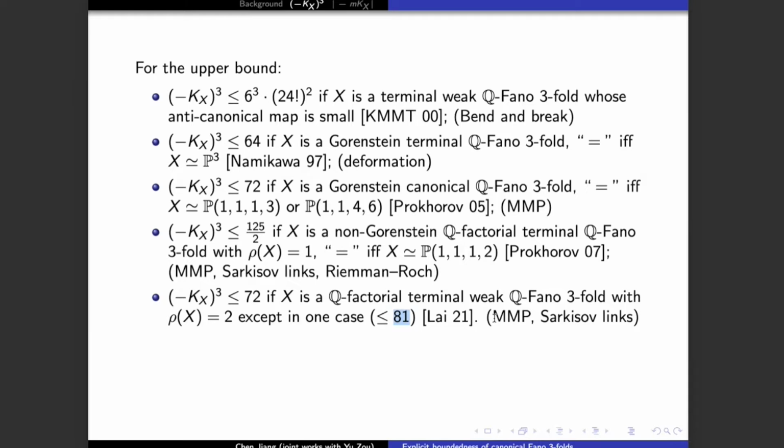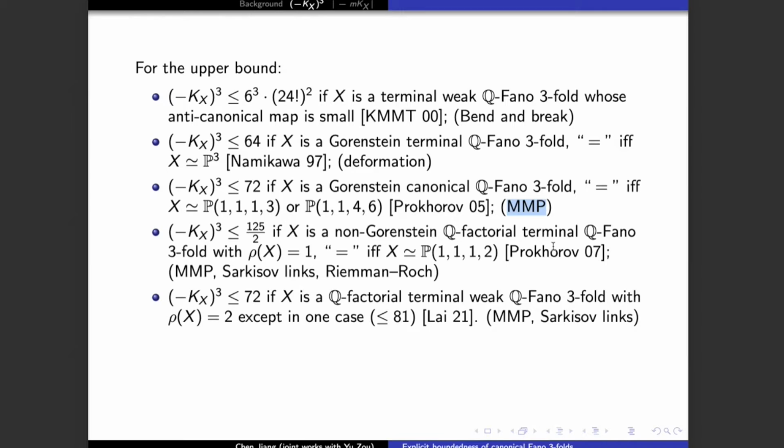But as you can imagine, all these methods above are not good for treating the general case. For example, birational rigidity and deformation are not good for singular varieties. In the Gorenstein case, MMP works because if you run MMP for a Gorenstein Fano threefold, then you will always get another Gorenstein Fano threefold in some sense.